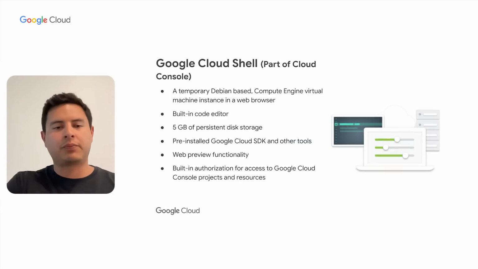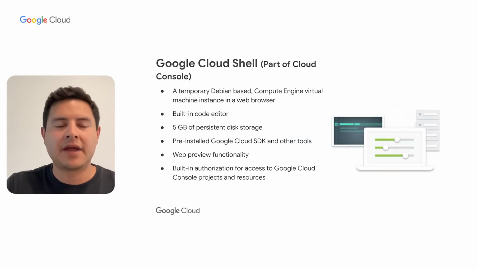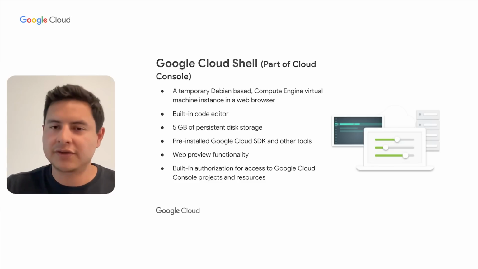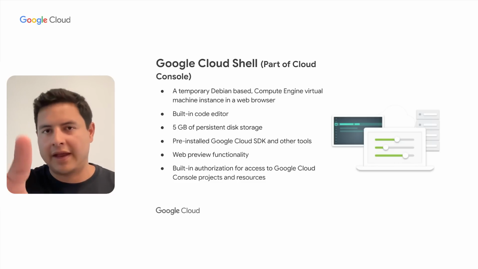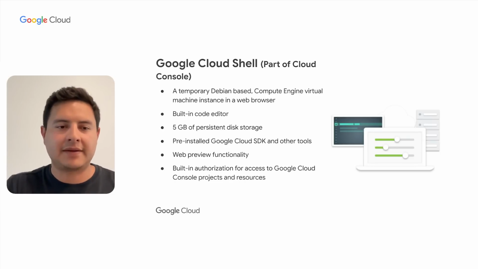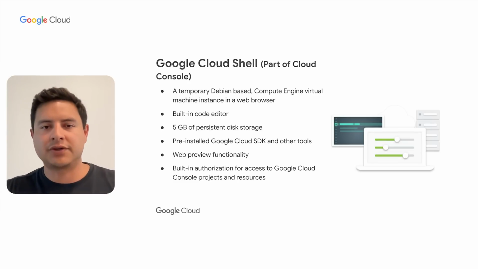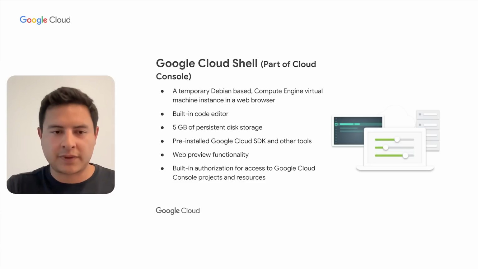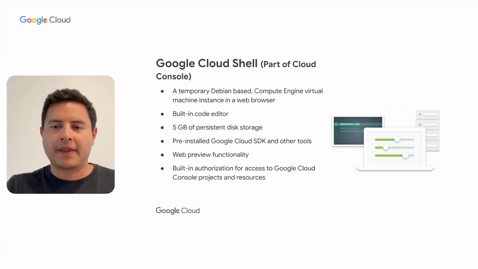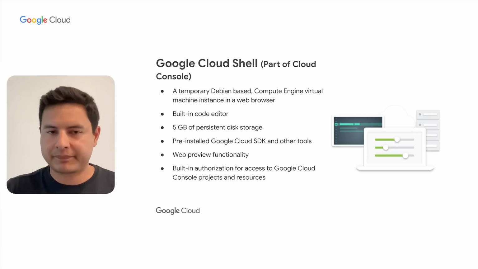And then you can have web preview functionality, which basically if you want to test something, let's say, for example, a Python application, you can open up a port 8080 and it'll literally open up a window for you to connect to that machine. Then you have built-in organization access, so you don't have to authenticate directly on your console. You can change users within the console, and it gives you basically a window of command line into GCP. Very, very important and very useful to do.